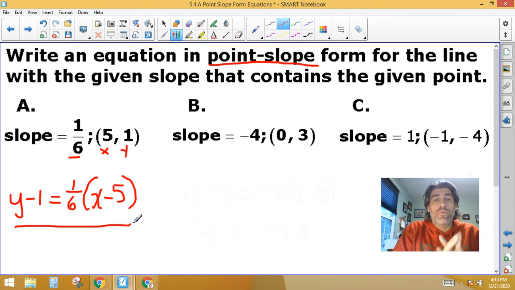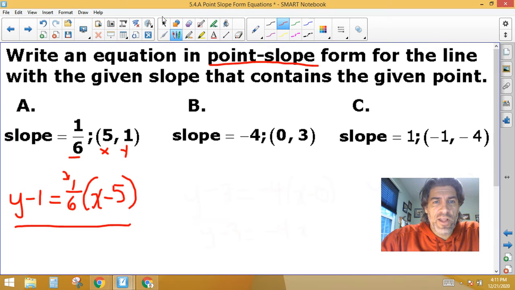That's the point-slope form. If you were given this equation, it looks super weird and wacky, but hopefully over time it's going to develop. If you see it's in this form, this number is my slope, and it goes through the point (5, 1).